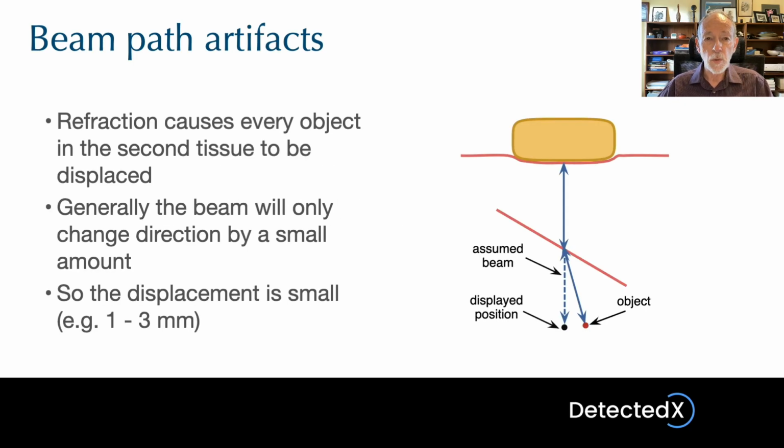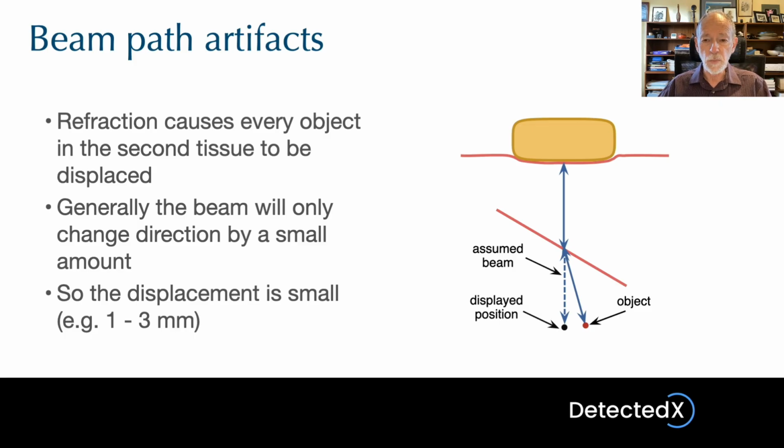So coming back to the main category of beam path artifacts, we'll look first at refraction. This is the diagram that you have seen before. We have an ultrasound beam passing through a tissue interface between two tissues that have different propagation speeds. So the beam is deflected and travels in a slightly different direction.